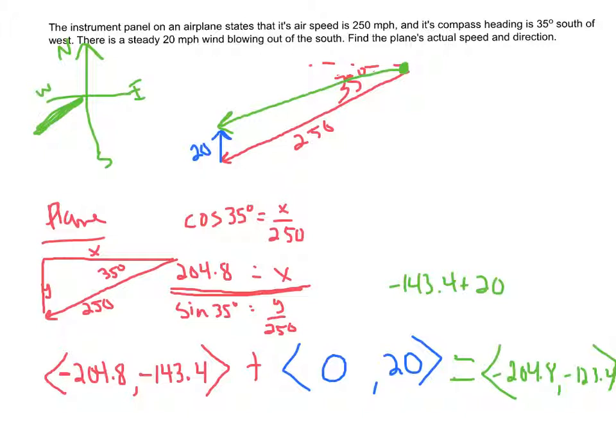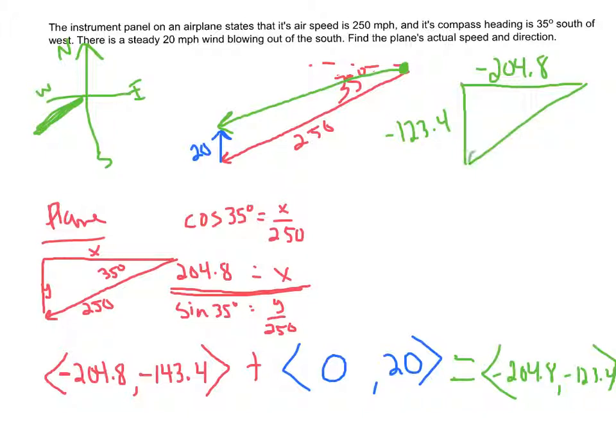So now that we have the components, I'm going to get rid of this to give myself a little bit of room. Now that we have the components of our resultant vector, we can figure out the magnitude and direction. So I know my x and I know my y. My x is negative 204.8 and my y is negative 123.4.